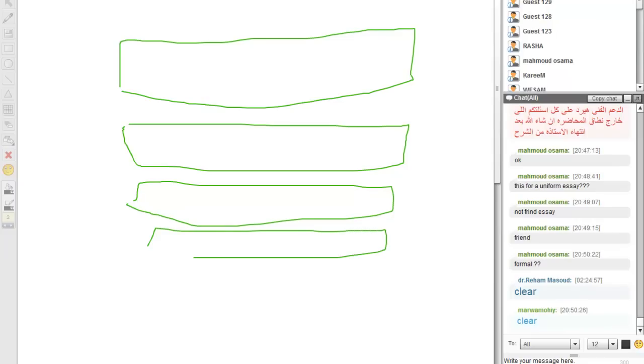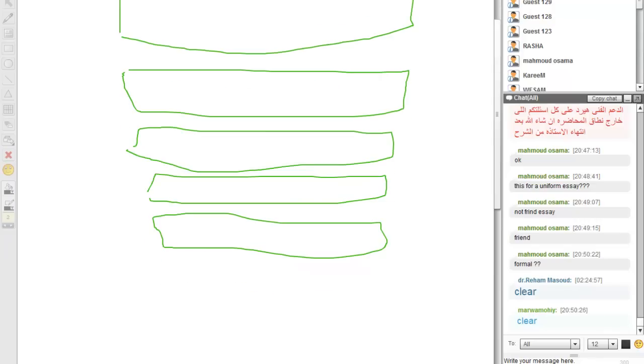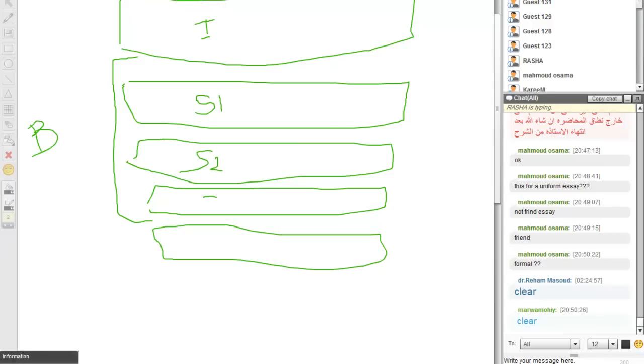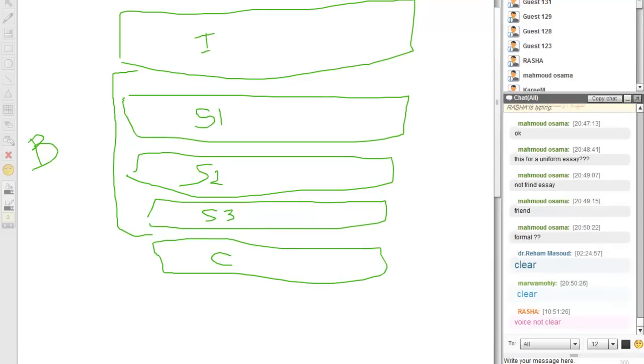This is an introduction, and then from the second paragraph till the third paragraph, this is the body. Supporting idea 1, supporting idea 2, supporting idea 3, and then the conclusion.